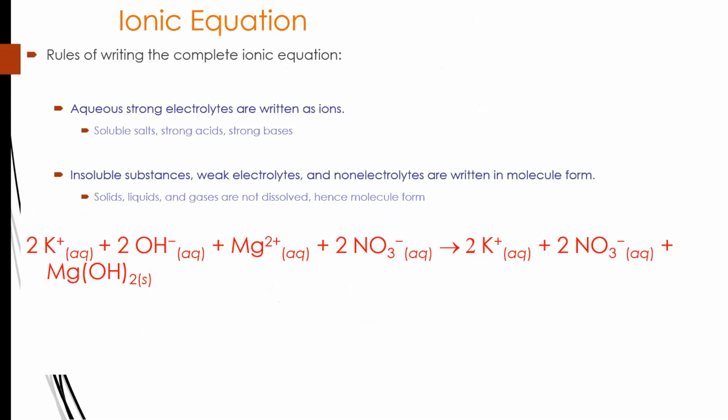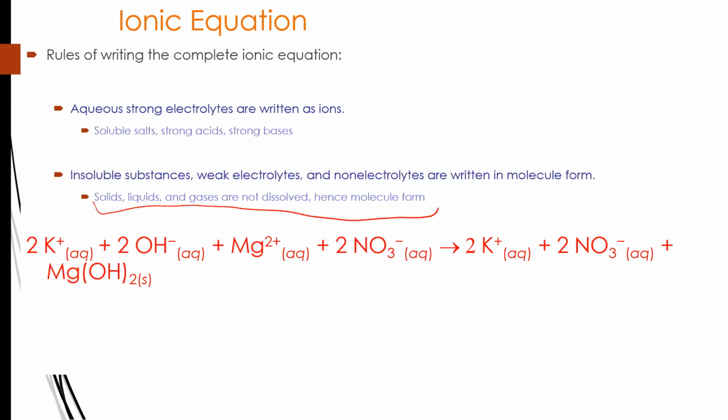So the rule for your ionic equations is: anything that's aqueous, go ahead and separate into ions. Anything that's insoluble, weak, or a non-electrolyte, we leave in molecular form. Solids, liquids, and gases don't dissolve, so we leave them as molecules. And that's why Mg(OH)2 gets to stay as it is.